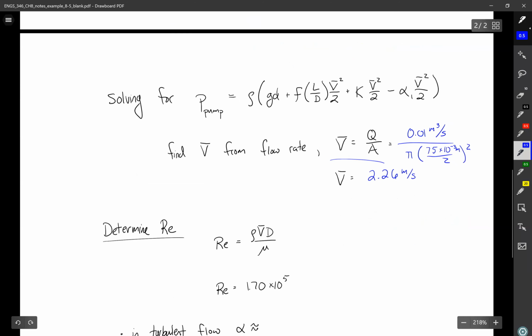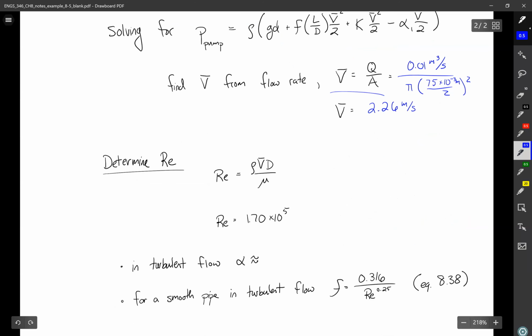We can then take that average velocity and figure out what's happening with our flow as far as the Reynolds number. The Reynolds number equals the density, 1,000 kilograms per meter cubed, times the average velocity, 2.26 meters per second, times the diameter, 75 times 10 to the minus 3 meters.